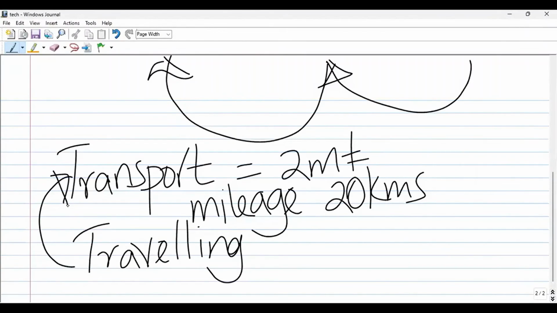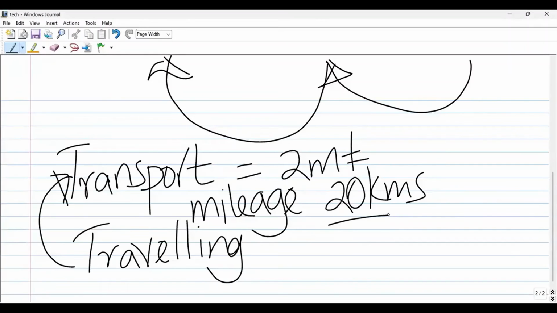So the transport cost is based on traveling. And what is under traveling? The mileage. Meaning that the more kilometers you travel, the more transport cost you incur. The fewer kilometers you travel, the less transport cost you incur.